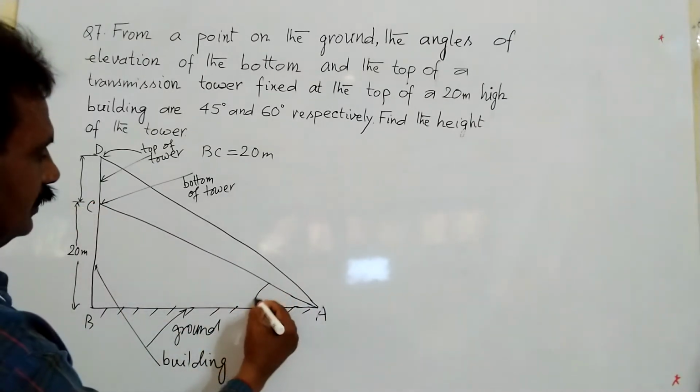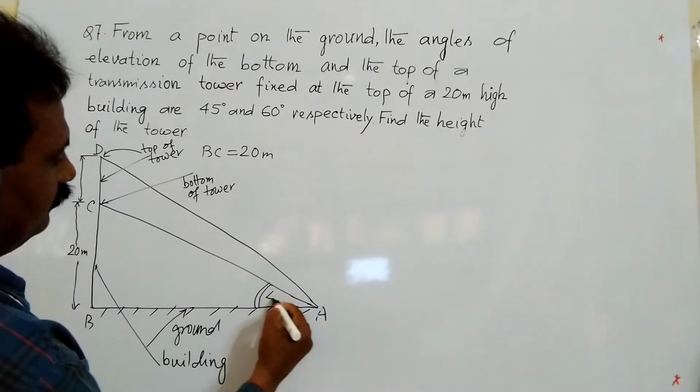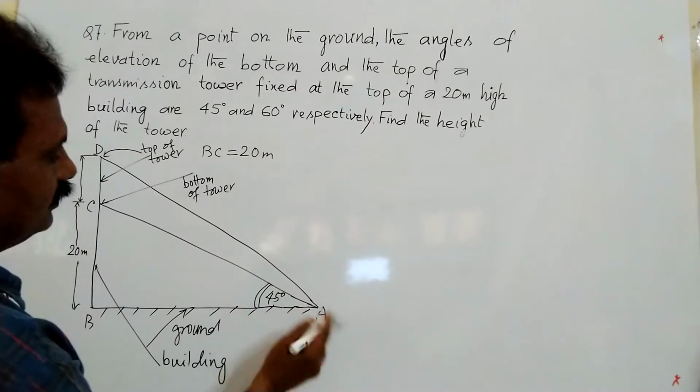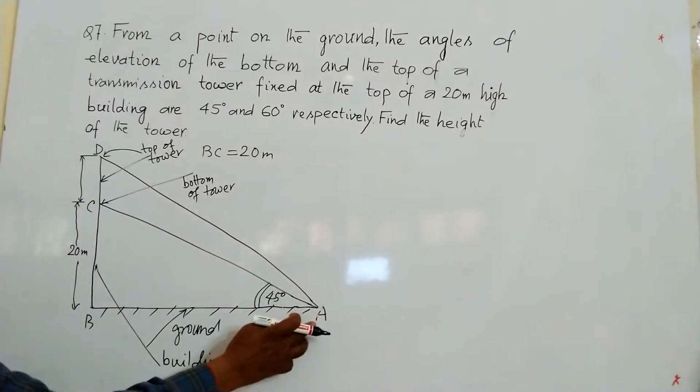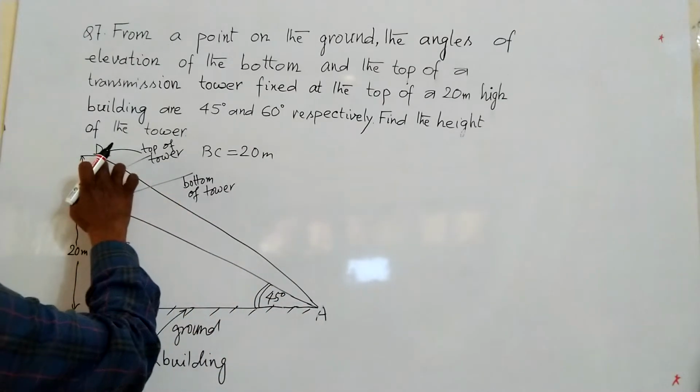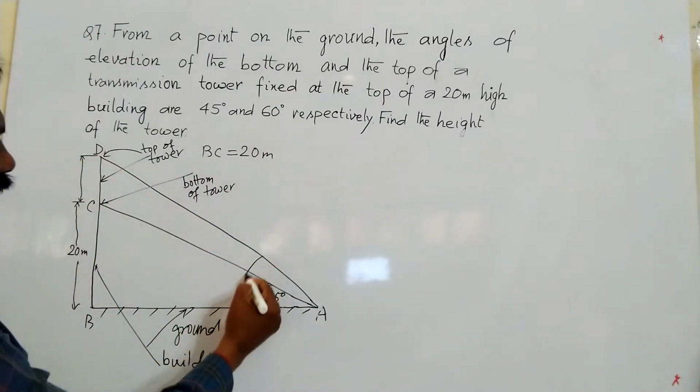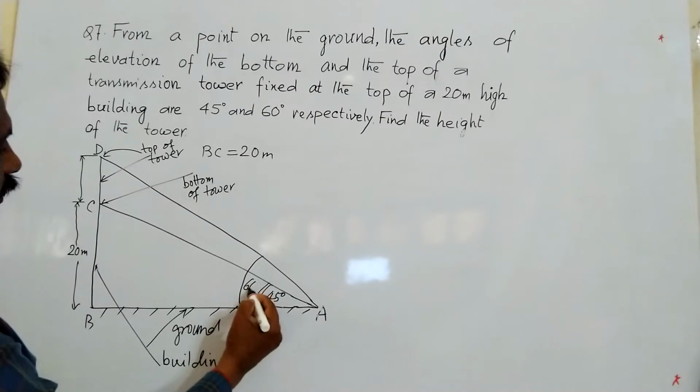Then when seen from the point A on the ground, the angle of elevation of the bottom of the tower is 45, and the angle of elevation of the top of the tower is 60 degrees.